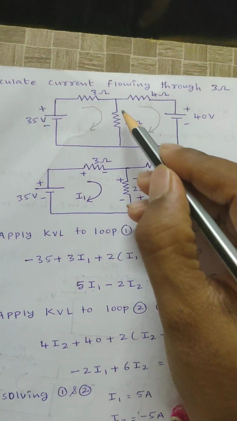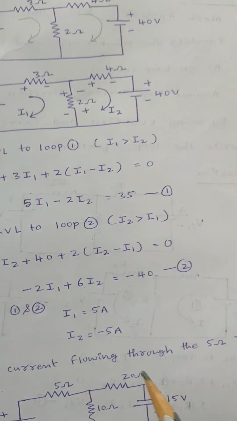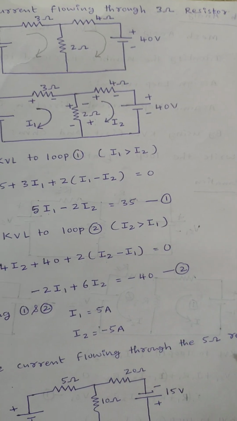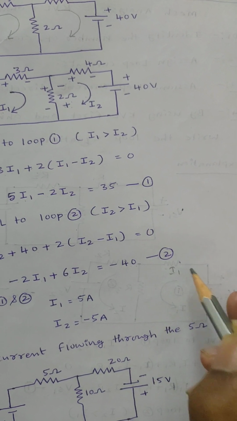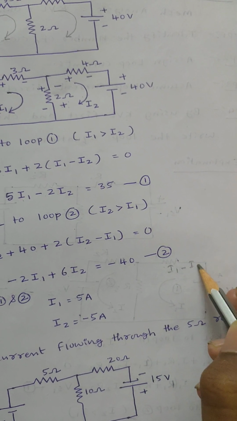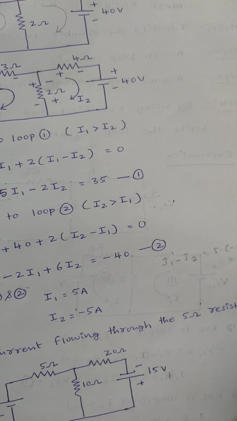Suppose in the examination they ask to calculate the current flowing through the 2 ohm resistor. That means either I1 minus I2 or I2 minus I1. But see here, if we simplify, the current flowing through the 2 ohm resistor is I1 minus I2, that is 5 minus minus 5, that is 10 amperes.